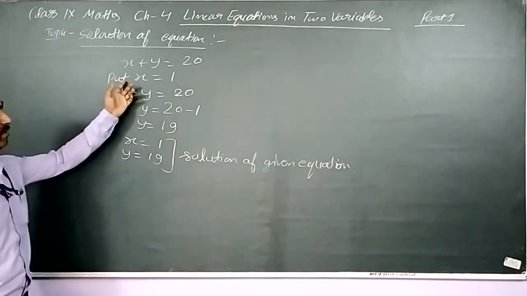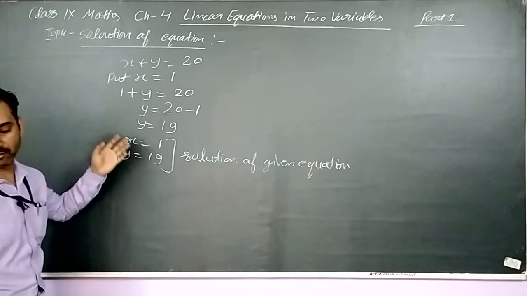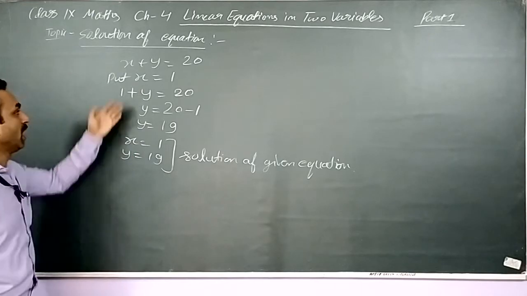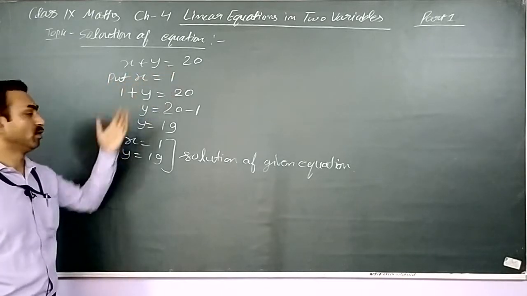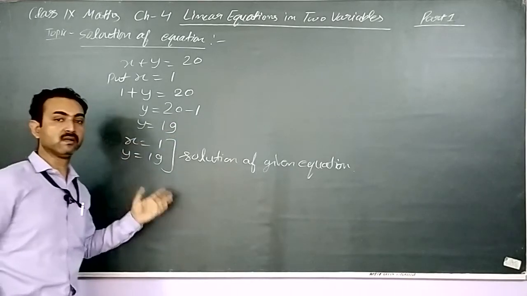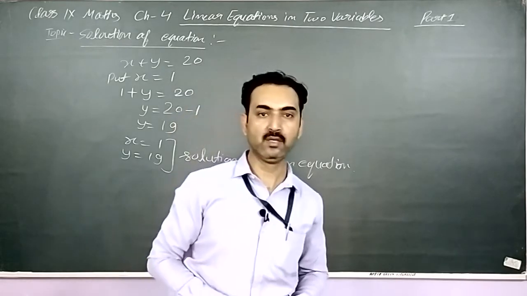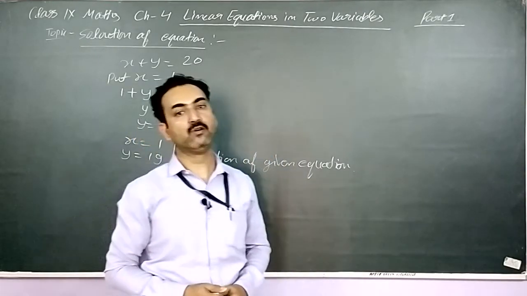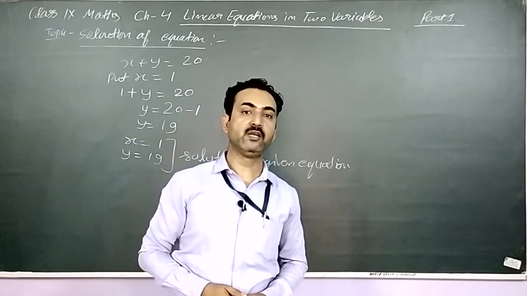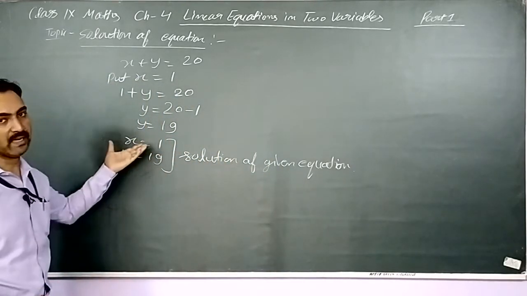So you can see here we put x equals to 1. It is not compulsory that we will put only x equals to 1, you can put any number, and then for each number you will find a different value of y. So a linear equation in two variable has infinitely many solutions, because whenever you put a value of x you will get another value of y. So this is called solution of linear equation.